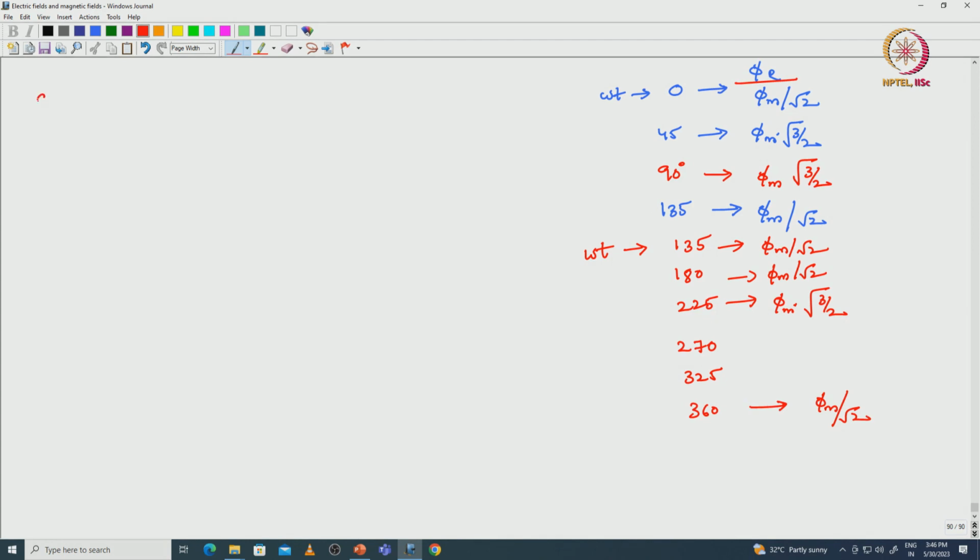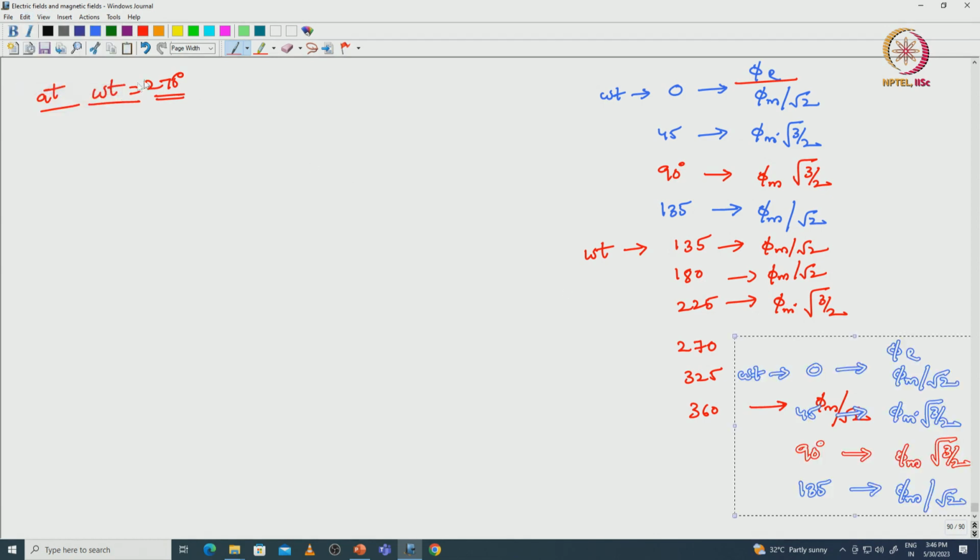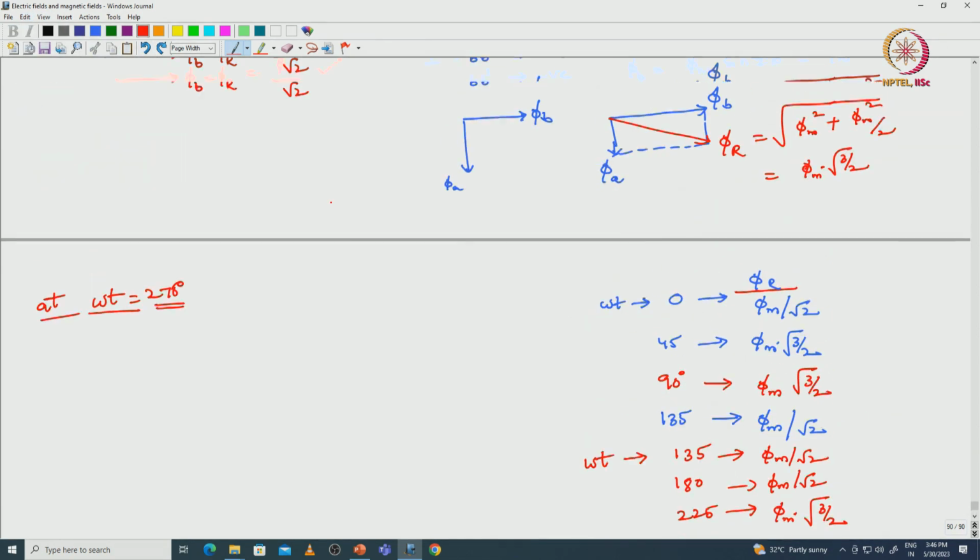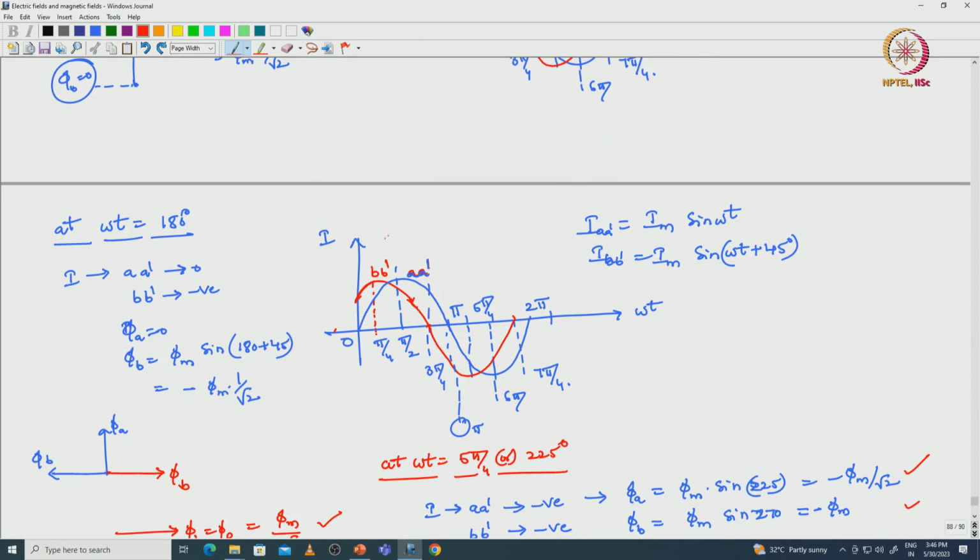At omega t equals 270 degrees, before saying anything, first we have to see the currents. We can get the current from this waveform at 270 degrees, that is 5 pi by 4.